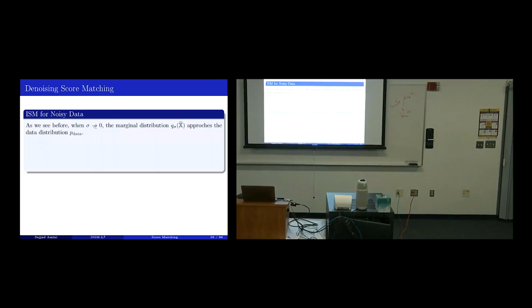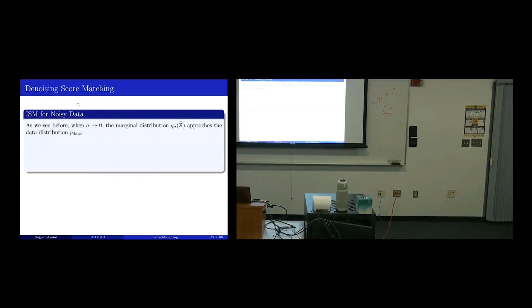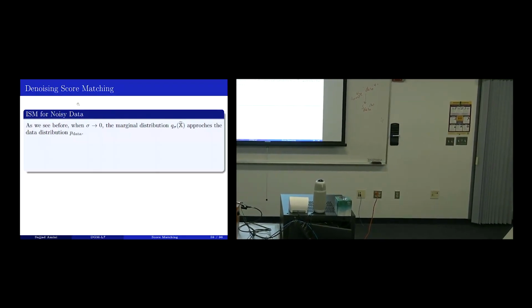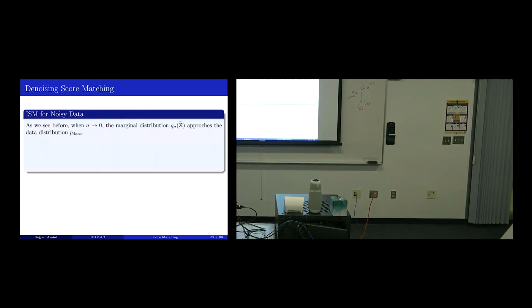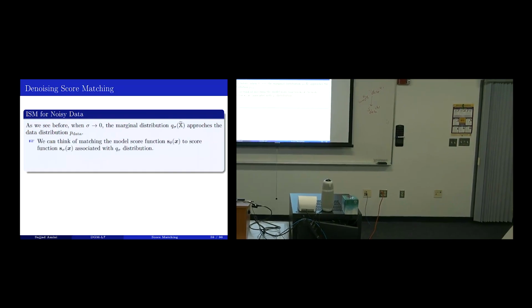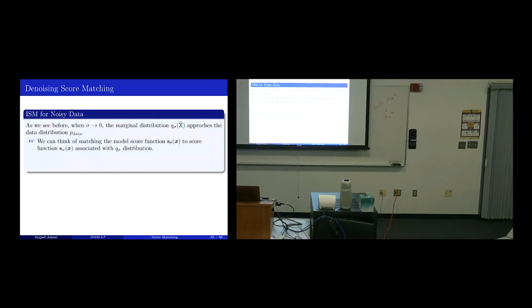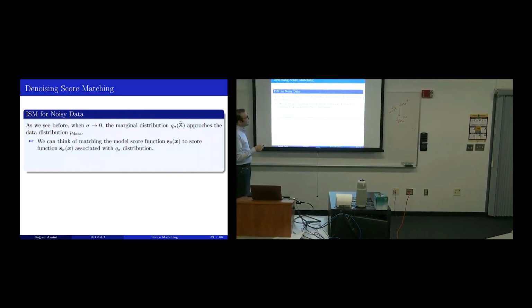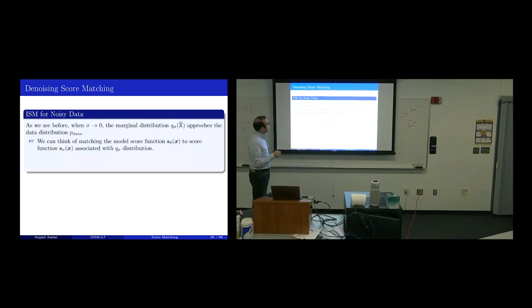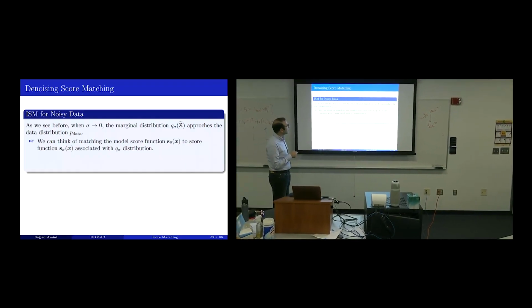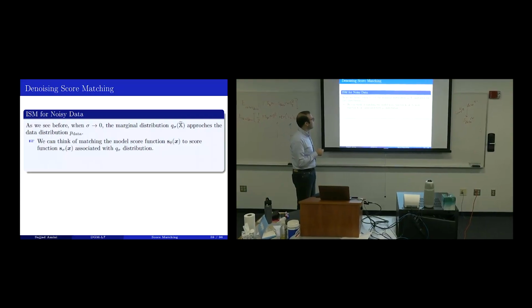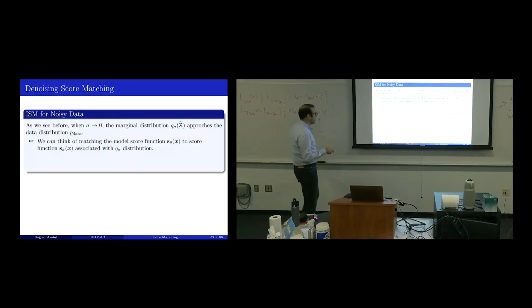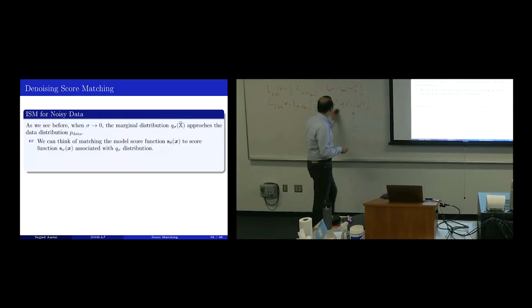As we saw before, as sigma approaches 0, the marginal distribution Q sigma of x tilde approaches the true data distribution P data. We can think of matching the model score function to a score function S sigma associated with Q sigma.